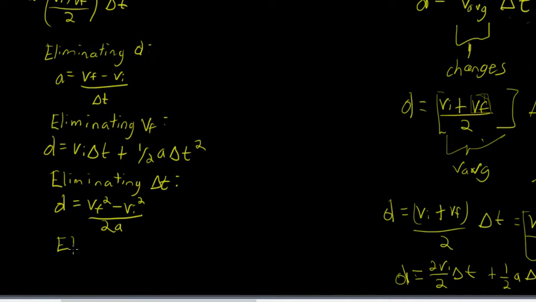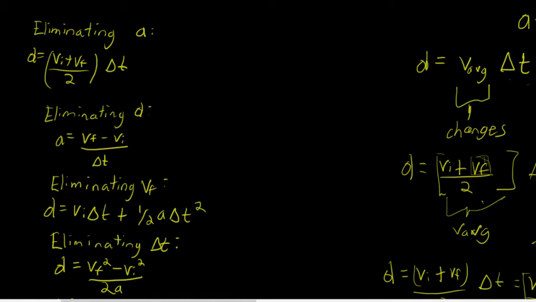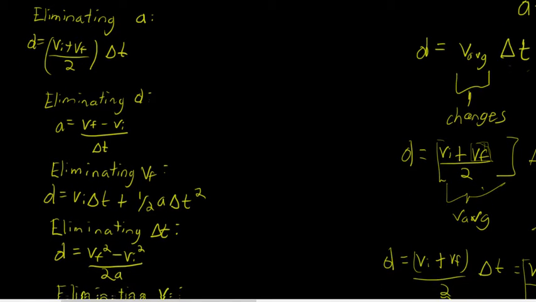And finally, eliminating initial velocity, we have the displacement is the final velocity times the elapsed time minus 1/2 times the acceleration times the elapsed time squared. And these 5 formulas can pretty much get you through all of one-dimensional kinematics problems.